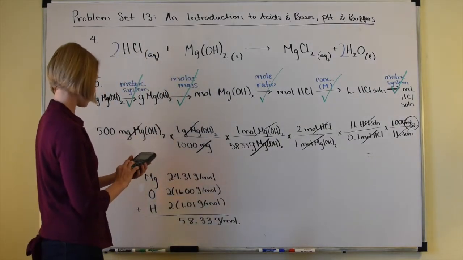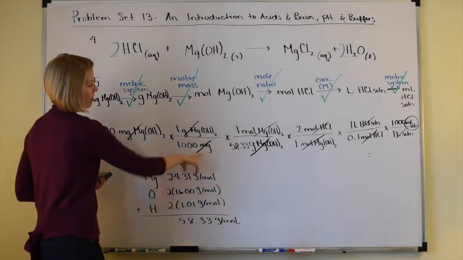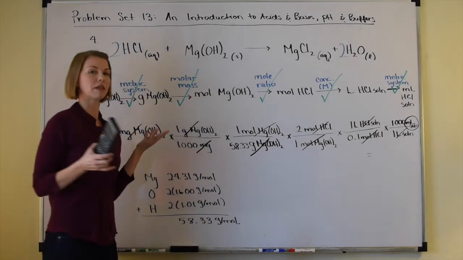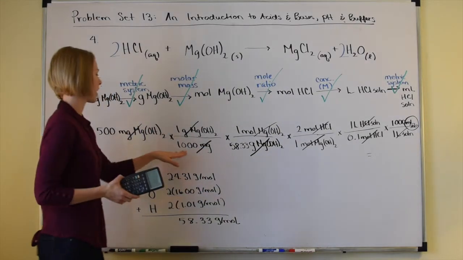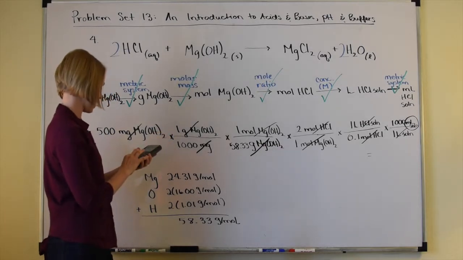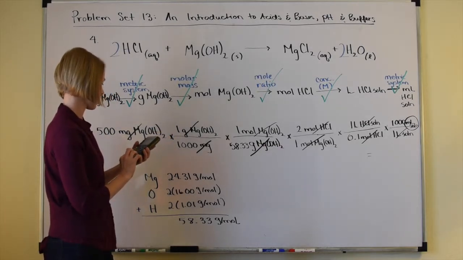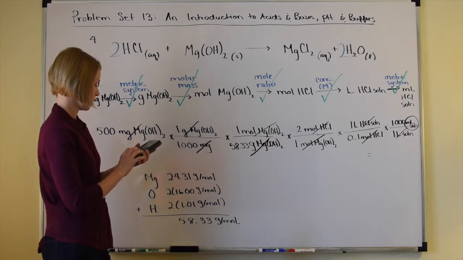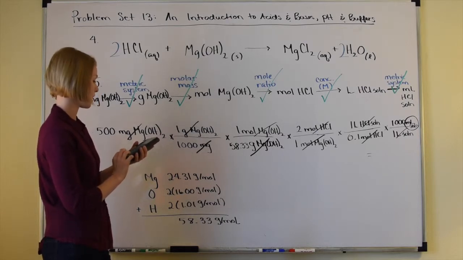So we've got the 500. Now I'm dividing by 1,000 here and I'm multiplying by 1,000 here. So that's just multiplying by 1 overall, so I'm not actually going to punch that into my calculator. I'm just going to go straight to dividing by 58.33, multiplying the answer by 2 and dividing by the 0.1.